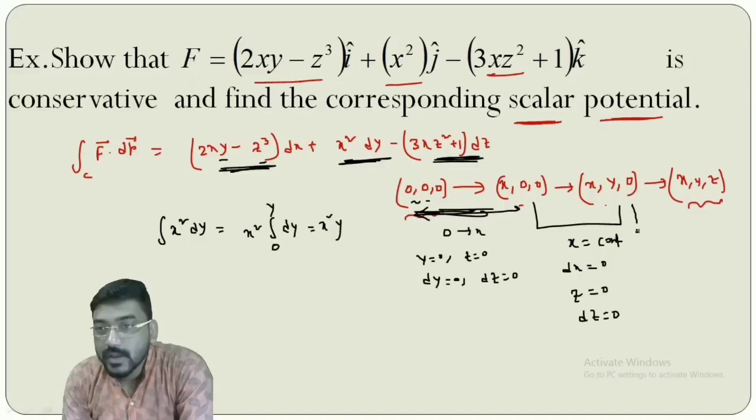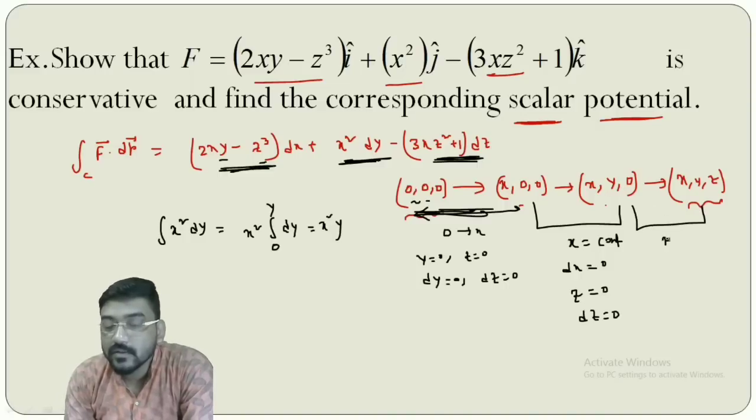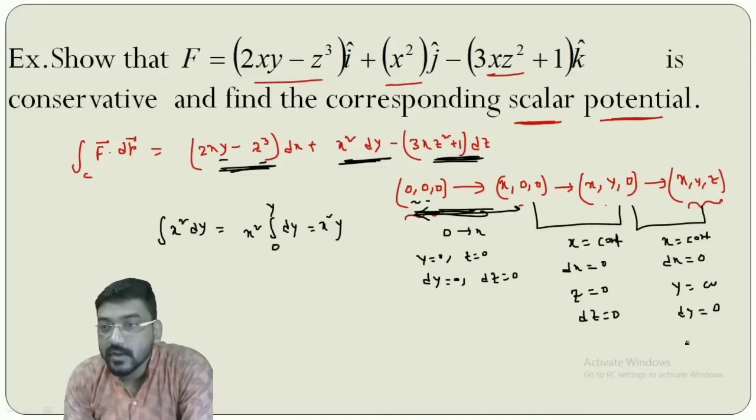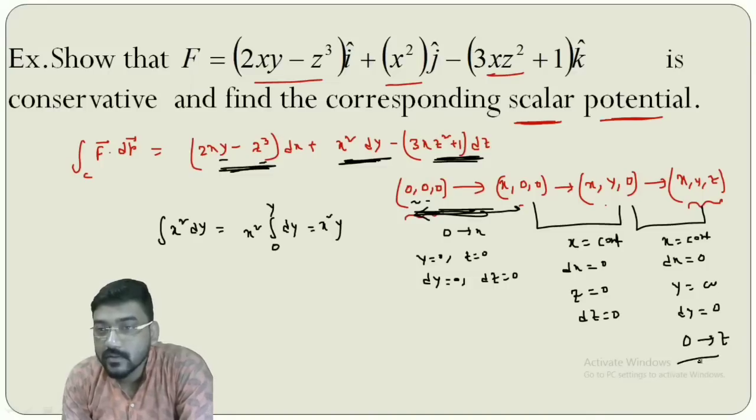Now let me see the last part. So here you can see x and y are constant. x is equal to constant, that means dx is equal to 0, and y is equal to constant, that means dy is equal to 0, and z varies from 0 to z.